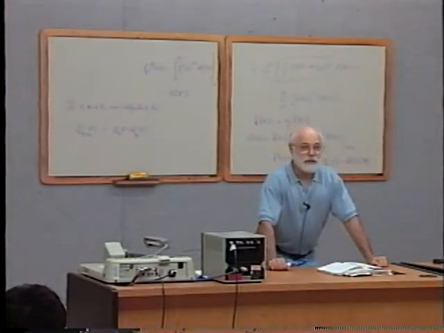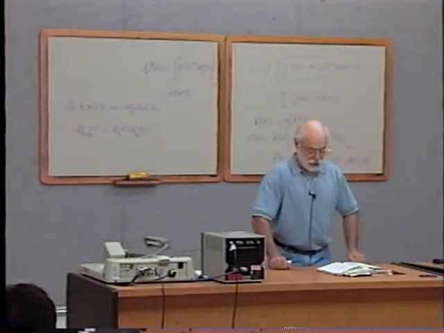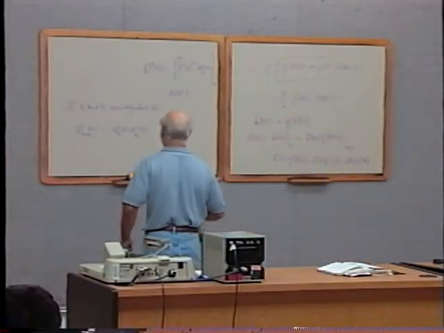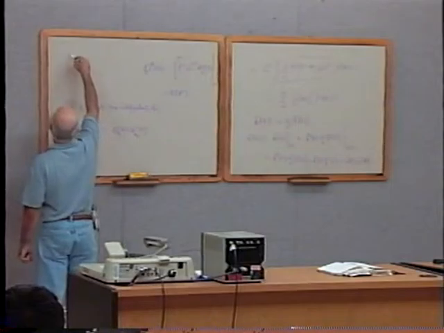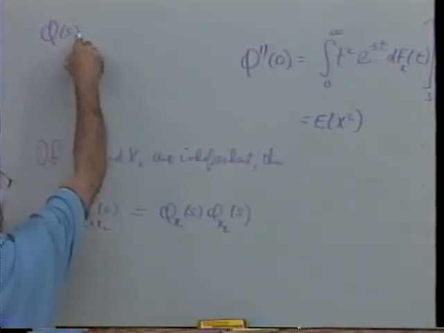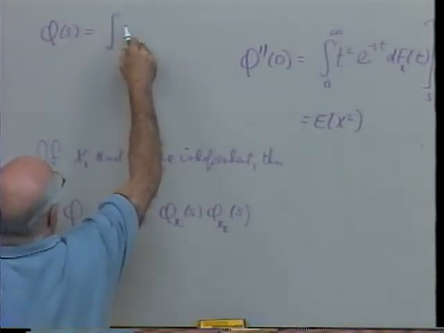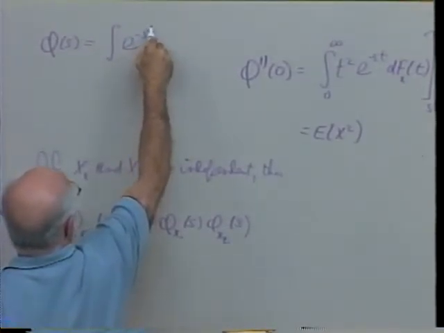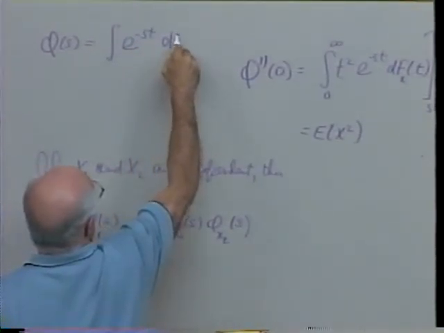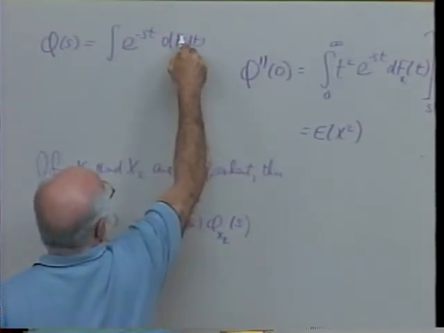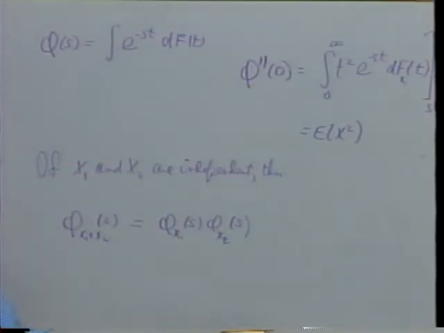Let's see, one more statement I want to make is 6.2 before we quit, and say this. Phi of s is, by definition, the integral of e to the minus st df of t, where f is the distribution function.